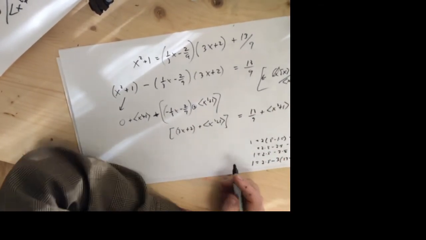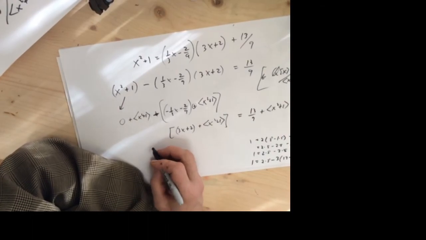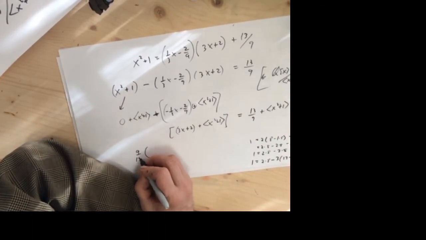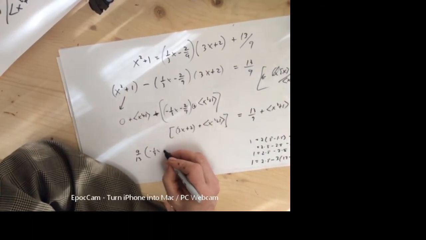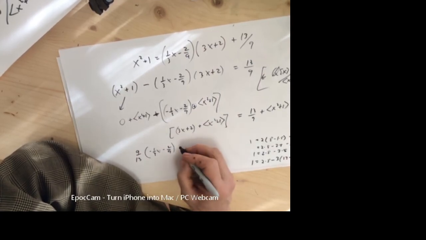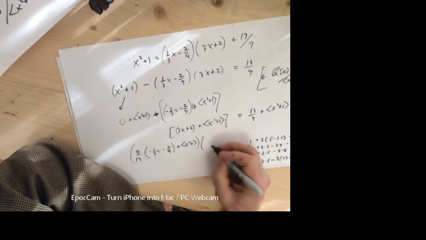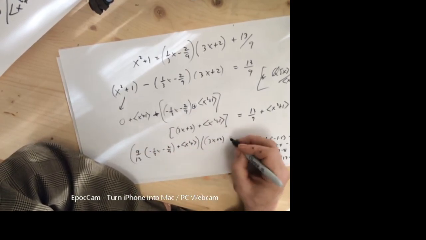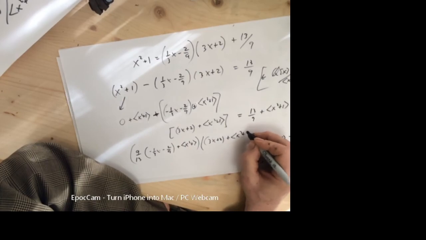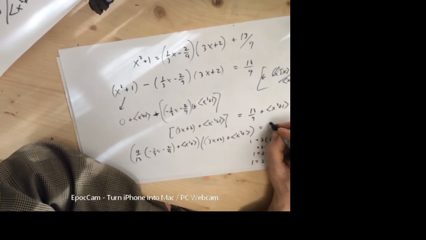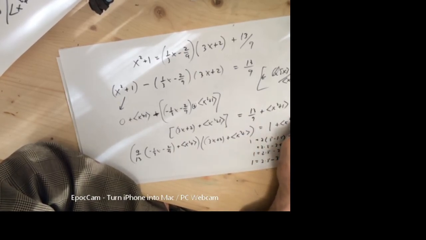So now if I just multiply by 9/13, so 9/13 of minus 1/3 x minus 2/9 plus x squared plus 1 times 3x plus 2 times x squared plus 1 will be 1 plus x squared plus 1.